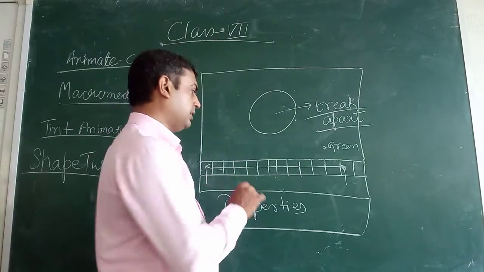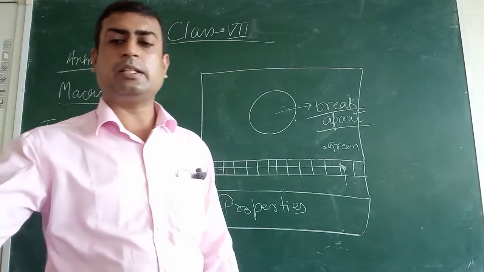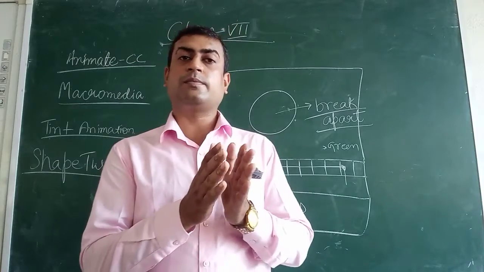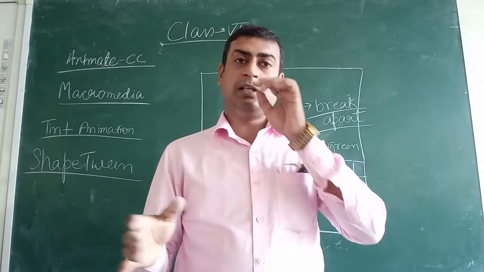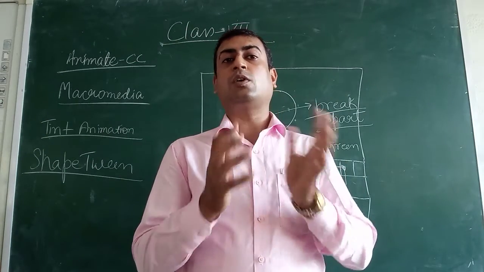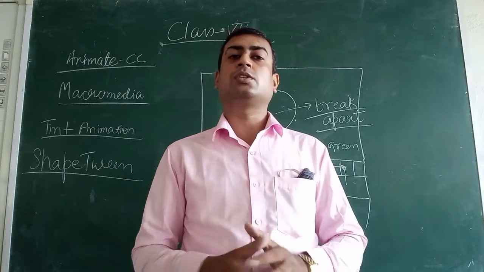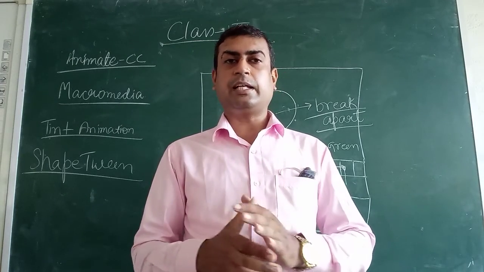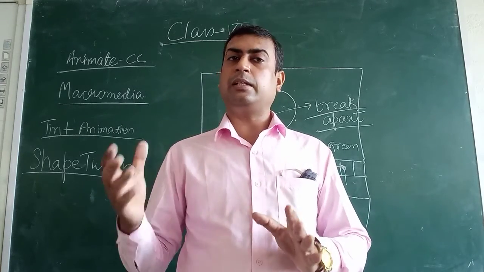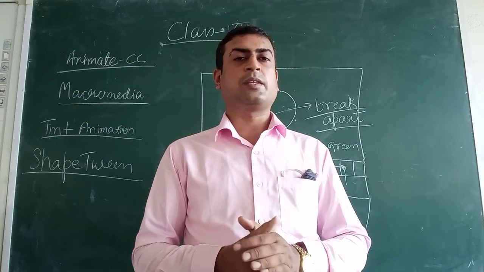Click shape tween. Then as you play the movie, as it goes from the first frame to the 30th frame, your shape will change from square to circle. So these are the three different animations which we can use in Animate CC or in Macromedia.